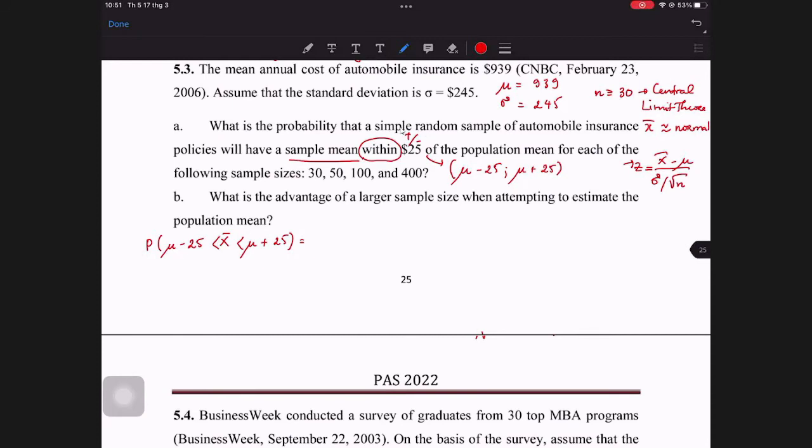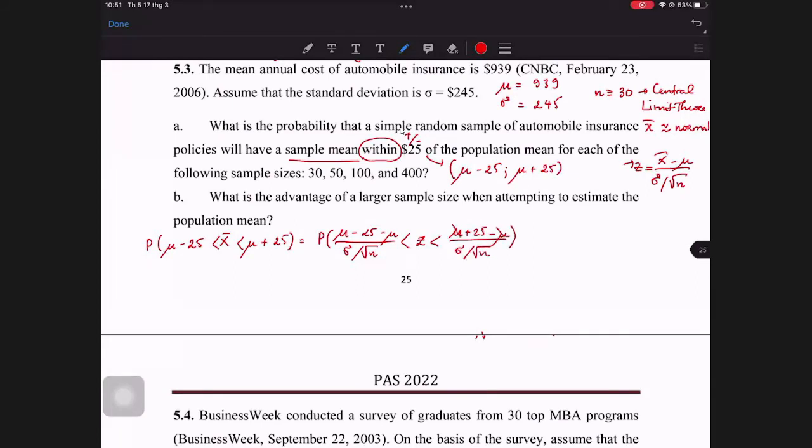So from this, we can convert it into the probability of mu minus 25 minus mu over sigma over square root of n, smaller than Z, smaller than mu plus 25 minus mu over sigma over square root of n.